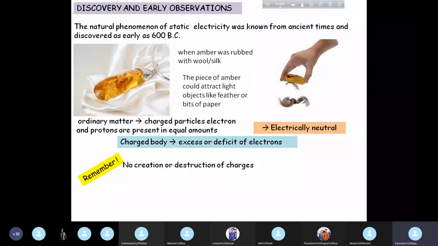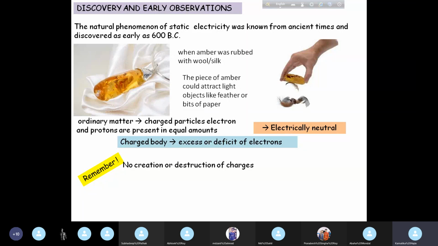Therefore, the object that lost electrons became positively charged and hence gained the ability to attract lighter materials. And the object that gained electrons became negatively charged.